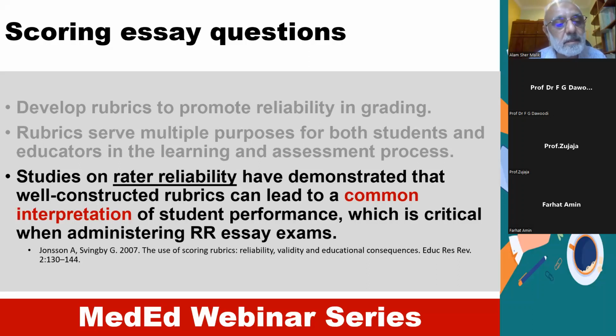This is a crucial component: well-constructed rubrics can handle a number of issues related to marking essay type questions, both from the student point of view as well as from the examiner point of view.